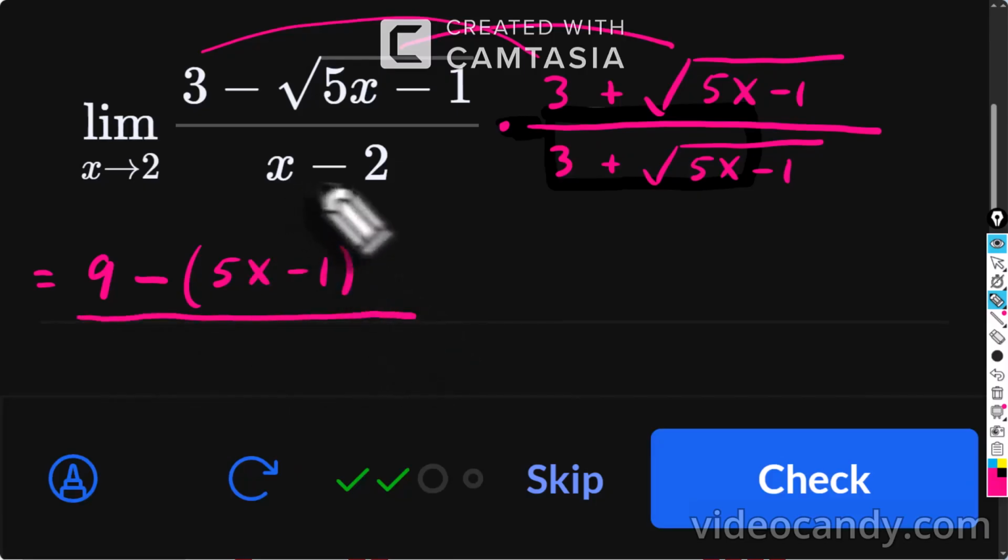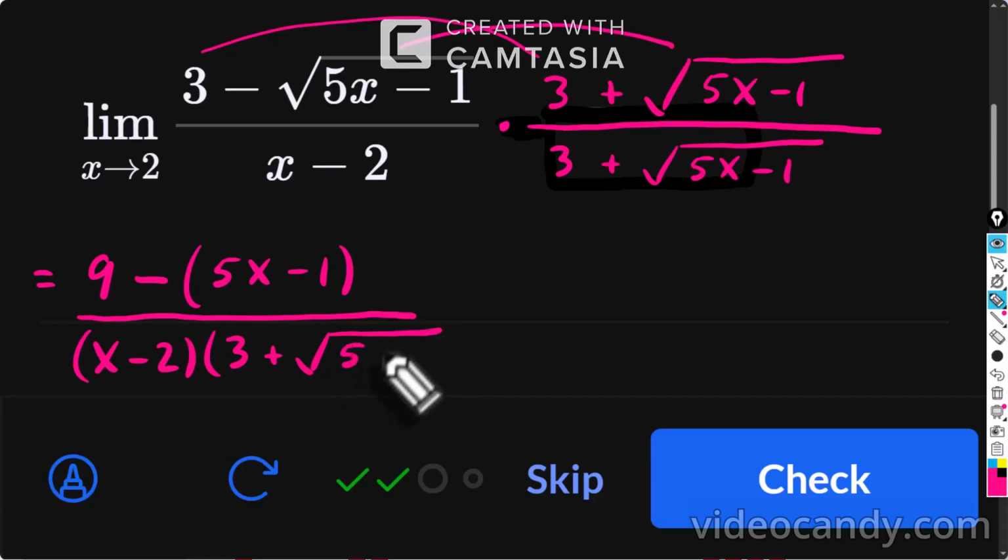In the denominator, x minus 2 times 3 plus radical 5x minus 1. All right, like we said before, there's no sense in expanding this part.